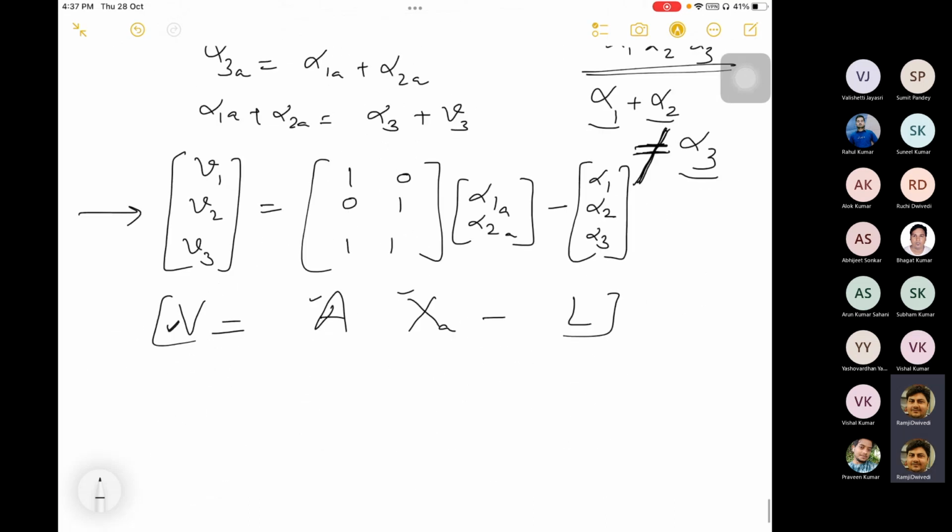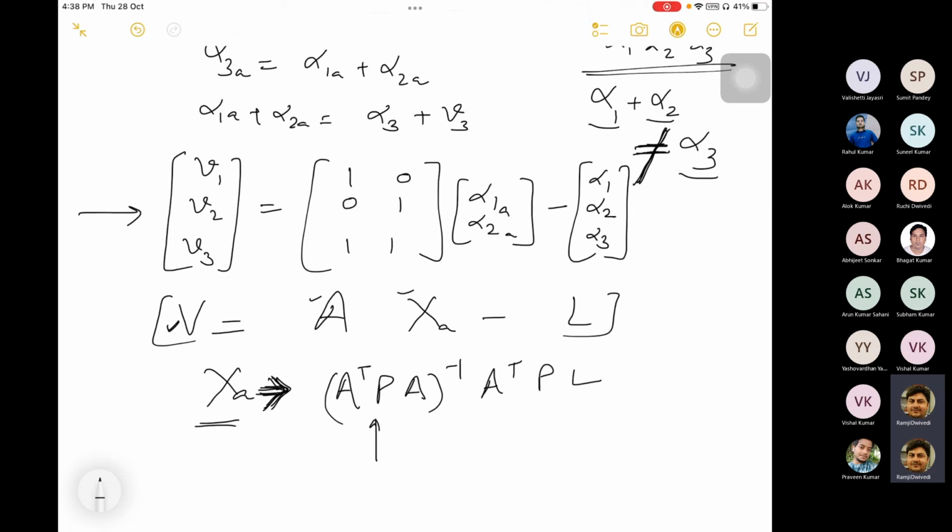Now, what is XA? Shetty, tell me, what is XA? Adjusted values of alpha 1. Yes, that's true. Adjusted values of alpha 1 and alpha 2, but the solution is what we have just derived: A transpose PA inverse into A transpose PL.